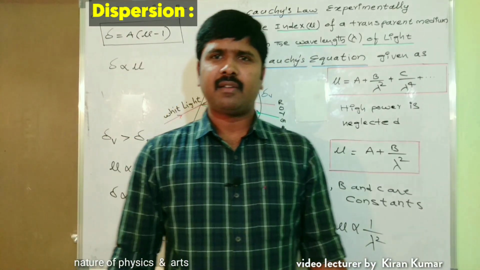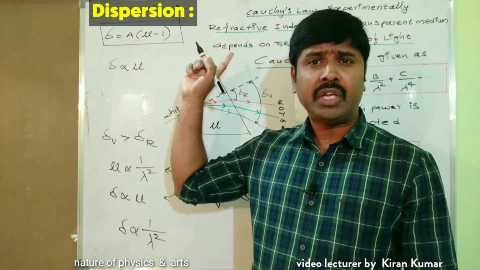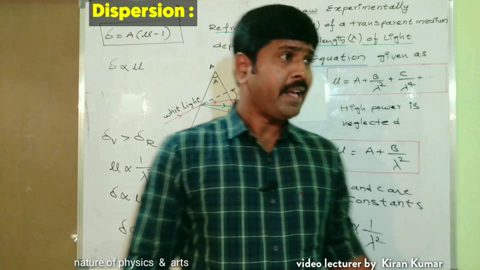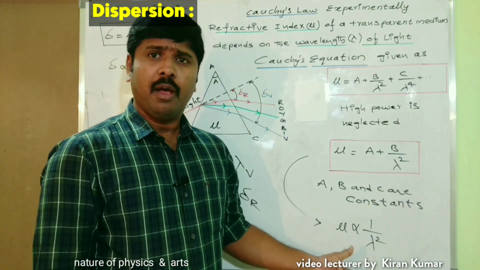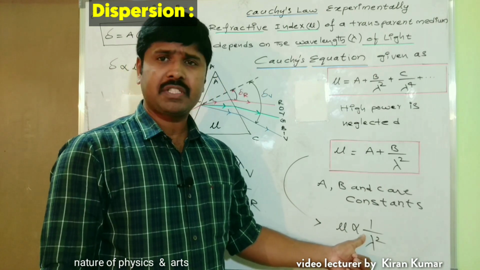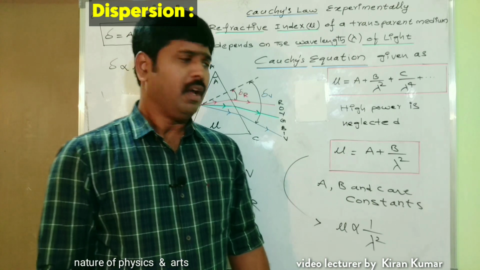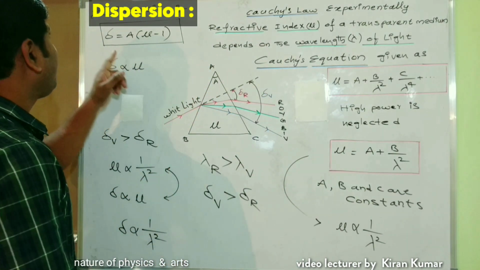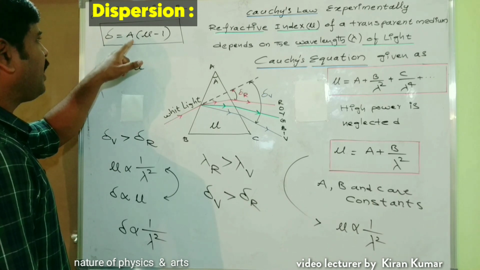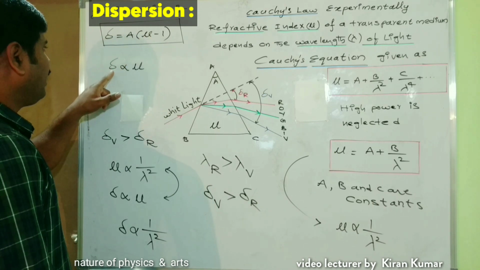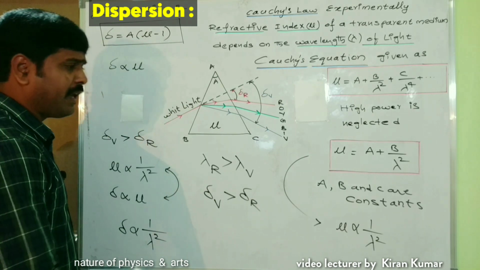Here we got relations based on the Cauchy equation. What is the Cauchy equation? The refractive index of the prism is inversely proportional to the square of the wavelength. Try to understand from the relation delta equals A into (mu minus 1): the deviation angle is directly proportional to the refractive index.